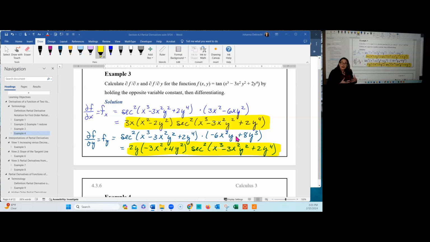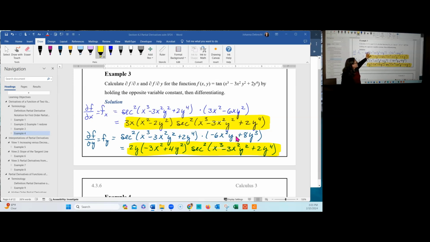The derivative of the outside function tangent is secant squared. We freeze the inside and don't change it from the original. Then we have to multiply by the derivative of the inside. In this case, the partial derivative, first with respect to x, then with respect to y.